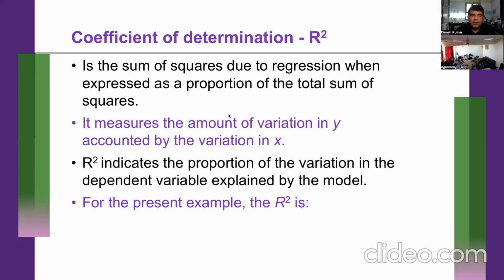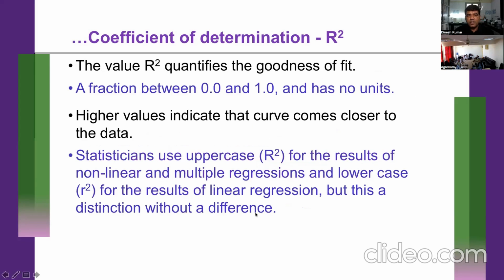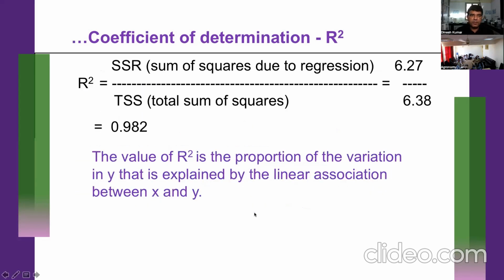So it measures the amount of variation in Y accounted for by the variation in X. R square indicates the proportion of the variation in the dependent variable explained by the model. For the present example, you can calculate R square. This is how you can calculate it: sum of squares due to regression divided by total sum of squares. I have taken this data from the same table.